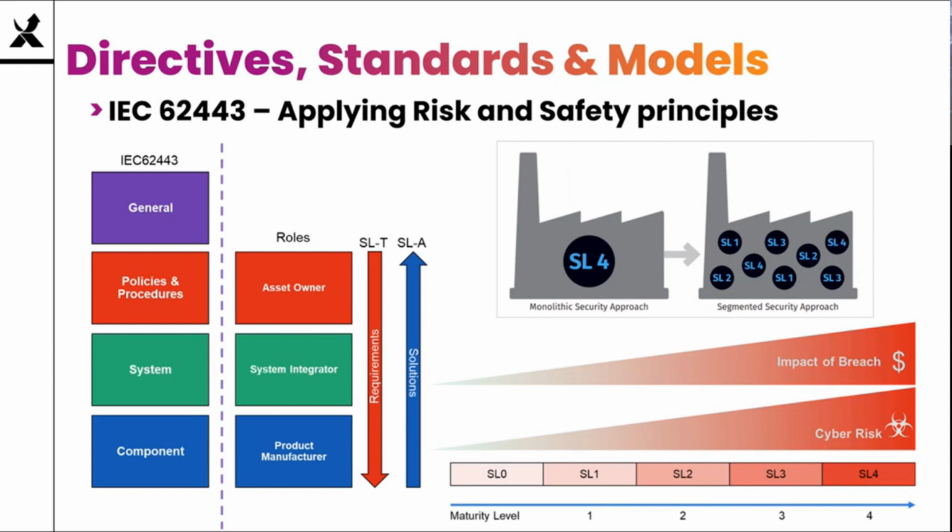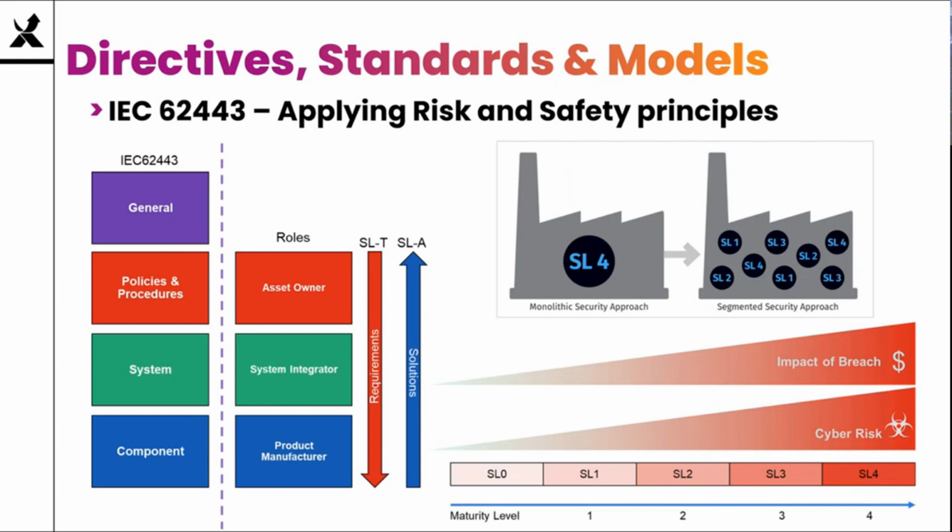As the security level increases, the security integrity must increase. With security integrity, we mean the difficulty of compromising the countermeasures that can prevent or mitigate the consequences of an attack. The asset owner will demand a specific target security level, SL-T, from the system integrator, depending on what is needed for a specific zone.